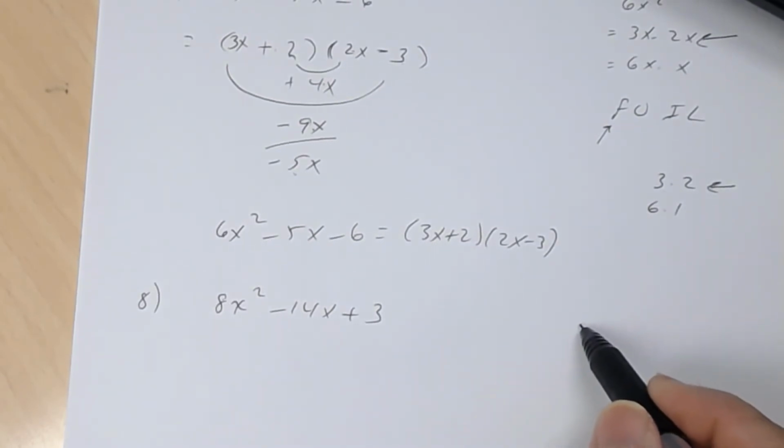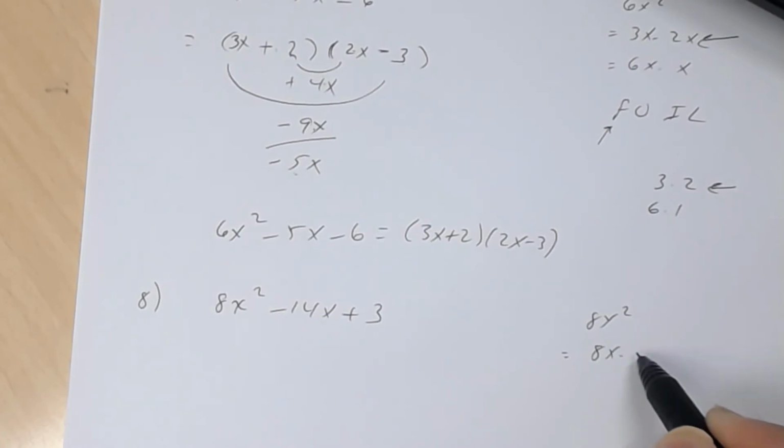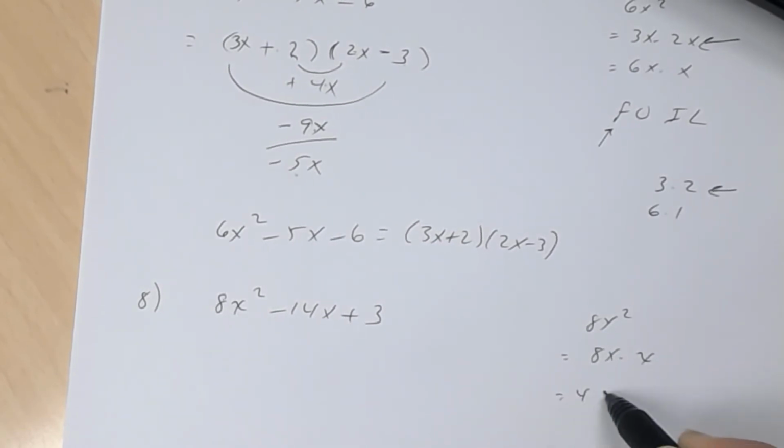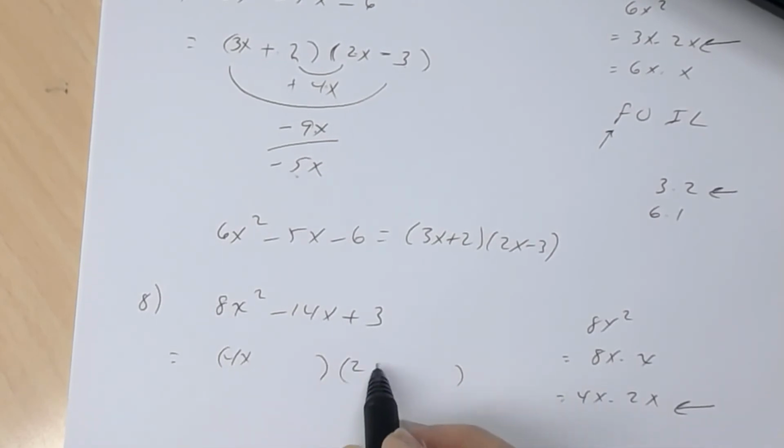And there are several possibilities for 8x squared. There's 8x times x, and there's 4x times 2x. So let's try this first. Let's try the ones in which the coefficients are closer together on the number line. All right, so we're going to try 4x and 2x.